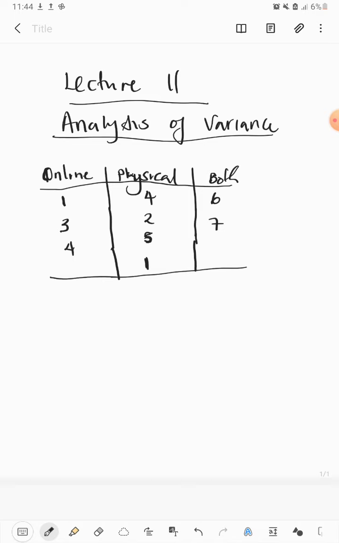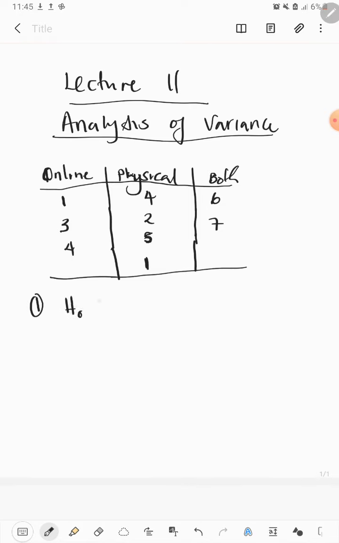The first thing to realize is that this is a hypothesis test, and therefore we follow the steps in hypothesis testing. The first step is to formulate the null and alternative hypotheses.